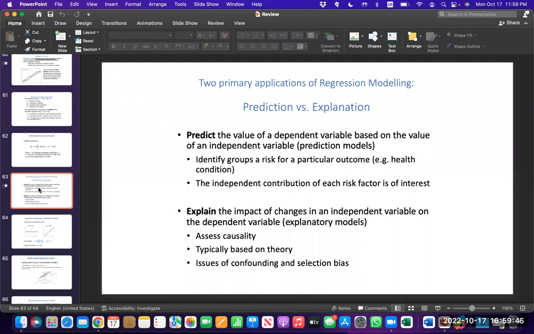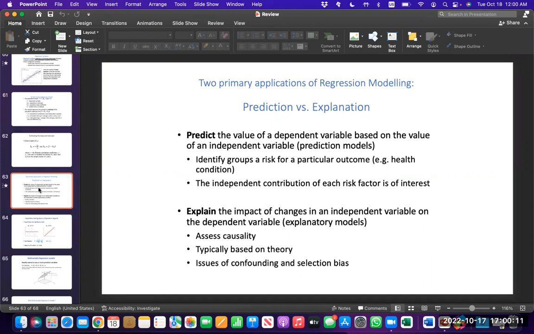You have prediction models and explanatory models where you identify groups at risk, you identify possibly contributing coefficients, and in an explanatory model, you actually try to assess causality, and it's based on a theory. So for that, you also build directed acyclic graphs, which will be part of applied bias.